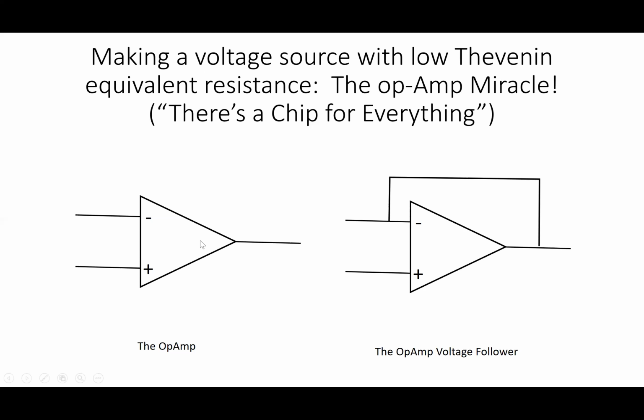All right, now let's do what you always do with an operational amplifier, which is to apply feedback between the output and the input, here the inverting input. Now let's look at what happens. Supposing we set the non-inverting input here to 1 volt. And let's imagine that the output here goes a little bit above 1 volt.